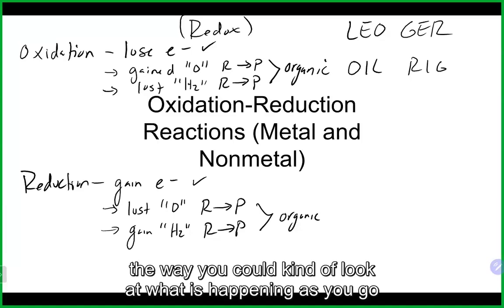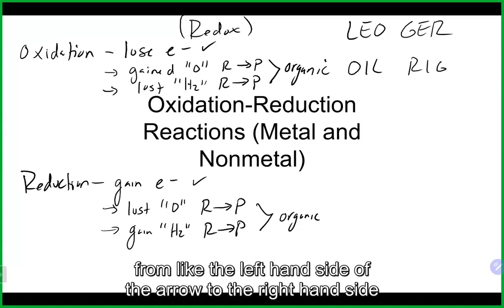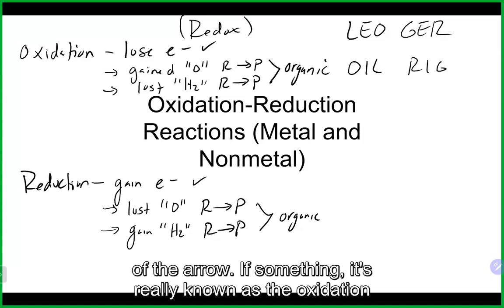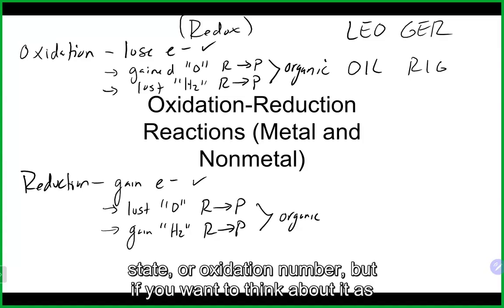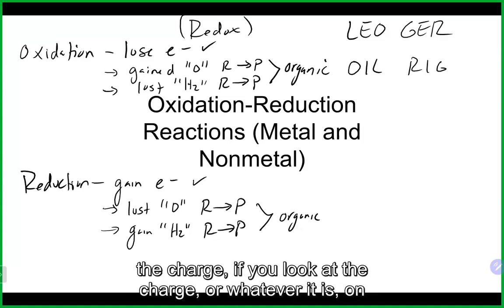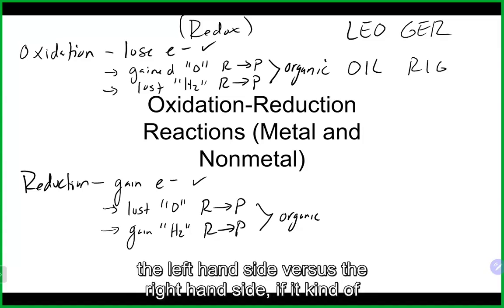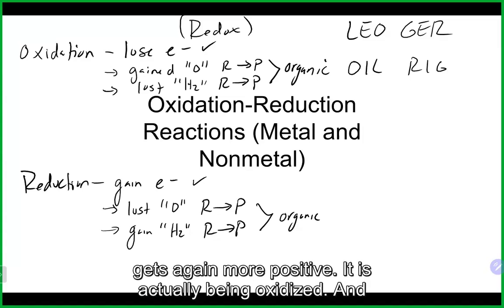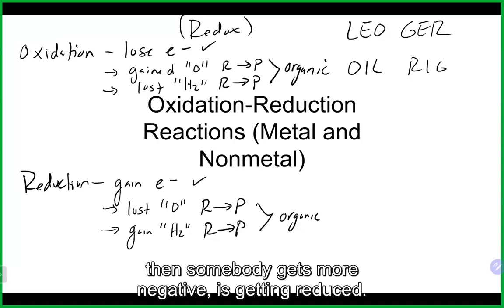And that's the way you can look at what is happening as you go from the left-hand side of the arrow to the right-hand side of the arrow. It's really known as the oxidation state or oxidation number, but if you want to think about it as the charge, if you look at the charge on the left-hand side versus the right-hand side, if it gets more positive, it is being oxidized. And if somebody gets more negative, it's getting reduced.